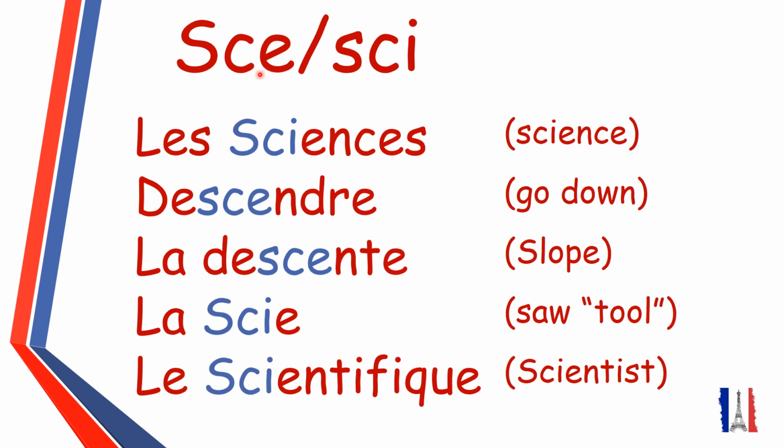The sound se or si. Les sciences. Descendre. Sometimes in the beginning, students start pronouncing the letter c as k as well. Like instead of saying science, they make one weird sound, or maybe with descendre. No, it doesn't give that sound. SCE gives the sound s.